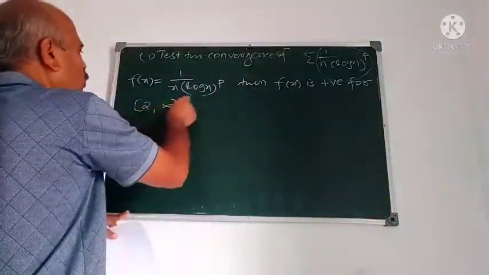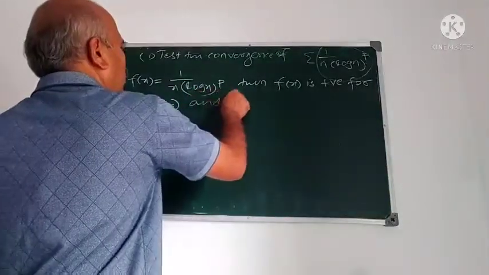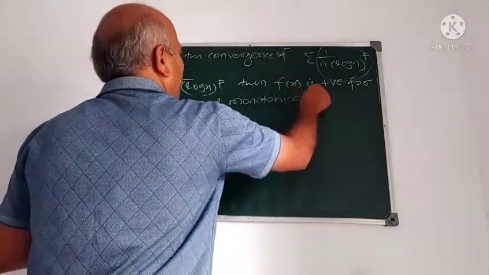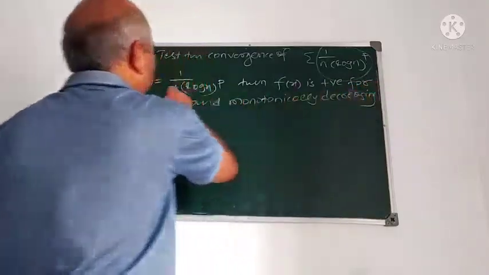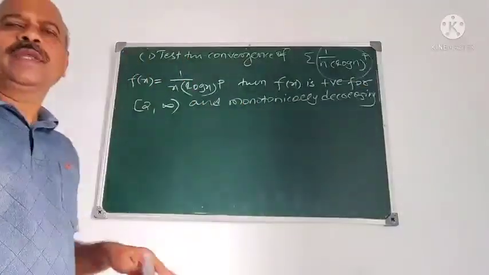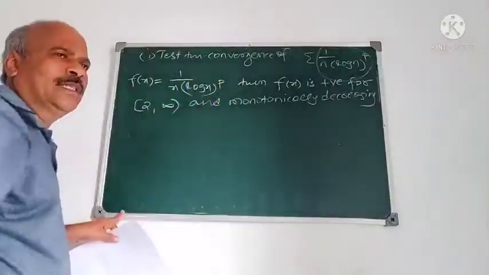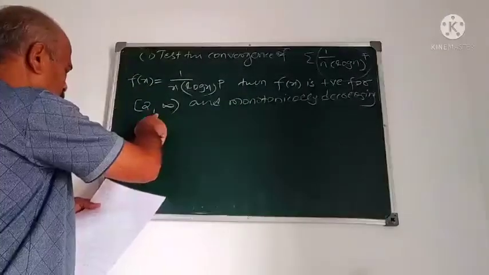We have to consider from 2 to infinity. f(x) is positive and monotonically decreasing, because log x and x are in the denominator. As x increases, 1 upon x (log x) raised to p decreases. Therefore f(x) is monotonically decreasing in 2 to infinity.